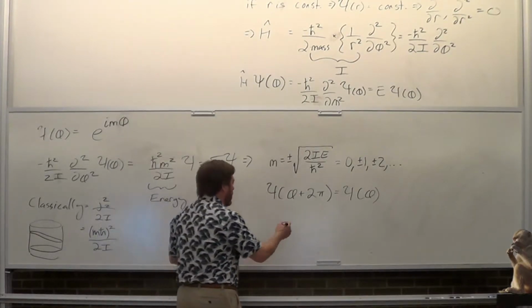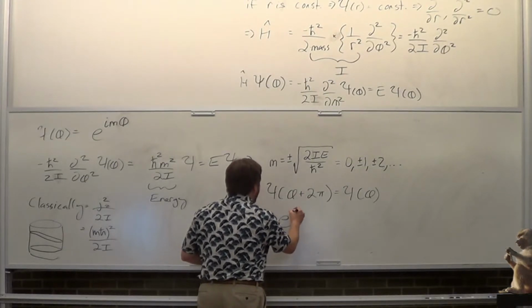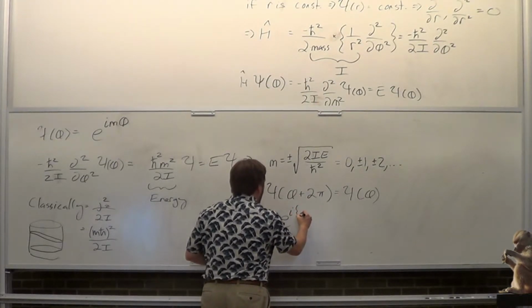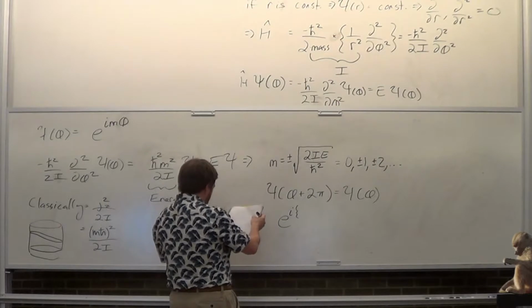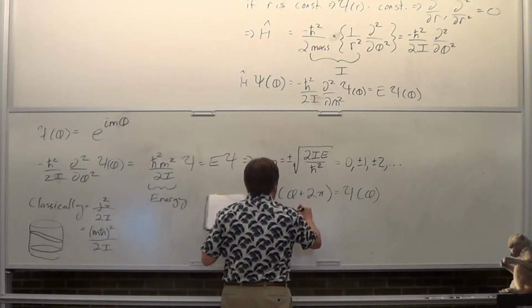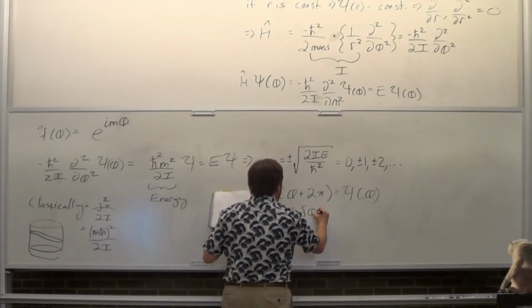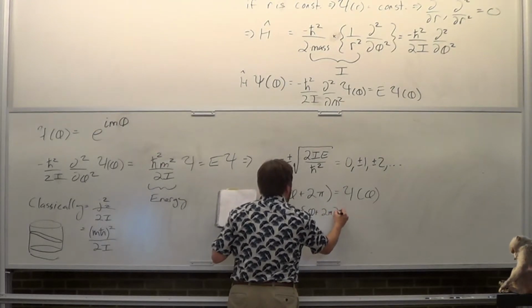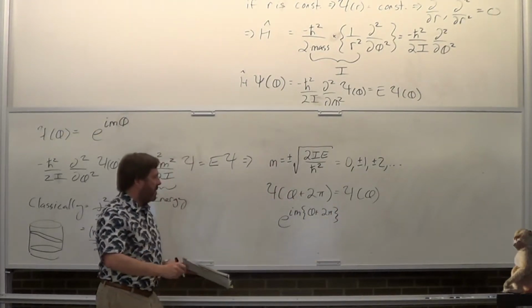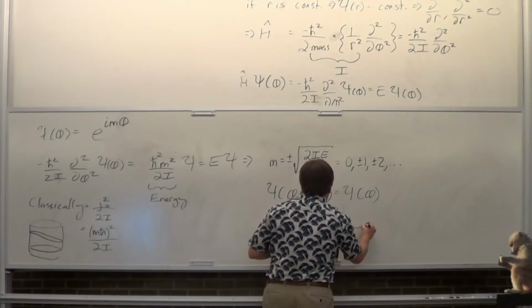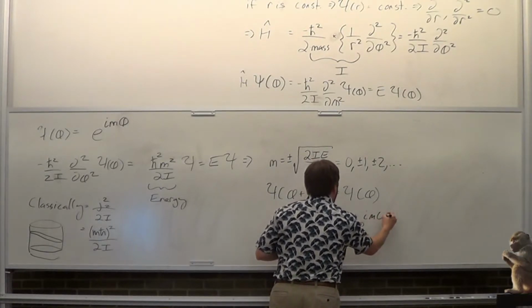Okay, now that I know the wave functions, I know that this is e to the i m phi plus 2 pi, because 2 pi is you've gone all the way around the track, and of course you better equal e to the i m phi.